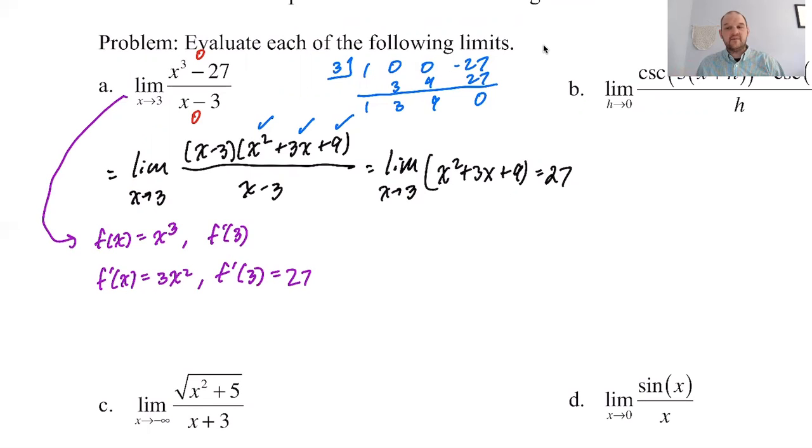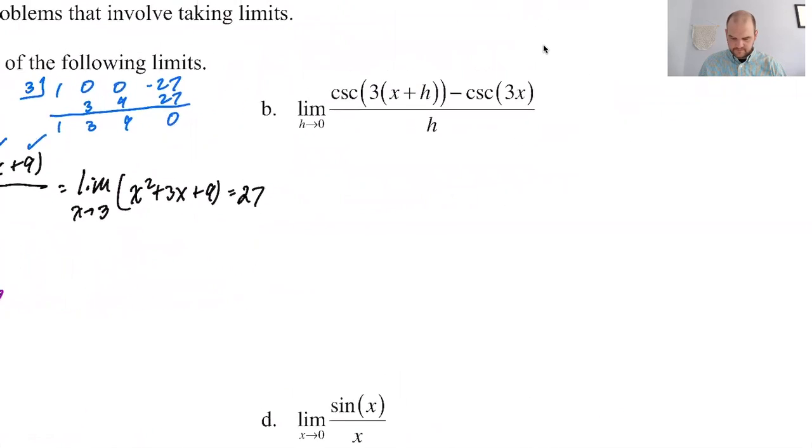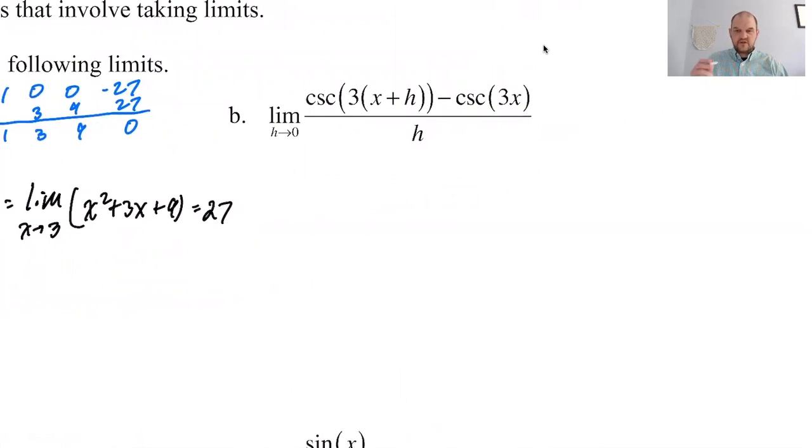It's actually really common in AP calculus in particular to evaluate a limit by recognizing it as the definition of the derivative. So here, let's see. What are we doing? Well, it's the limit as h approaches 0. So immediately I'm thinking this is the definition of the derivative. If it is the definition of the derivative, what's my function?